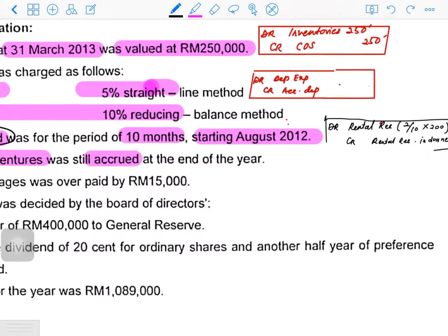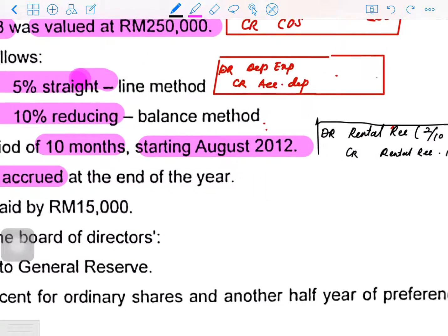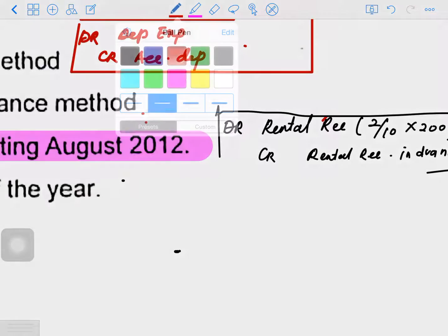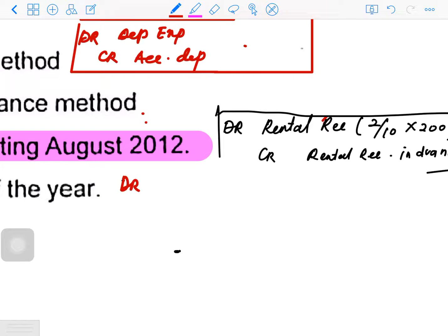Okay. The double entry for provision of interest is debit debenture interest, and credit accrual debenture interest.